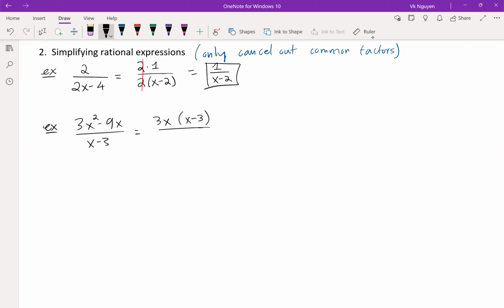So we can write x minus 3 times 1. Cancel out the common factor. And we have 3x over 1, which is 3x.